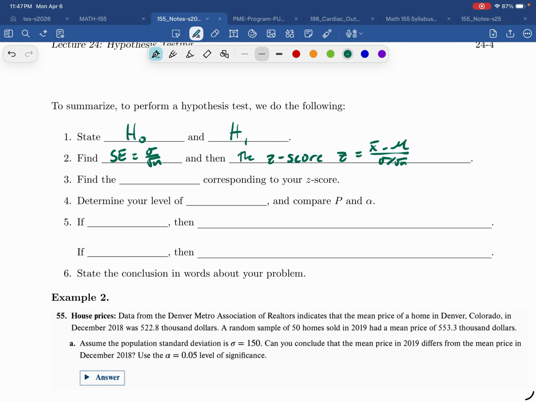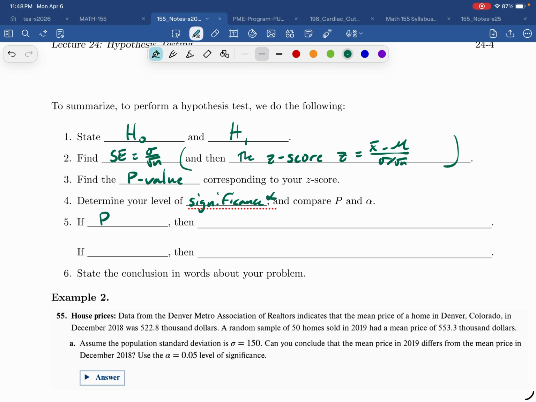Then we find the p-value. I'll put these in parentheses here. Corresponding to your z-score. Determine your level of significance, which we denote alpha, and then compare p and alpha.